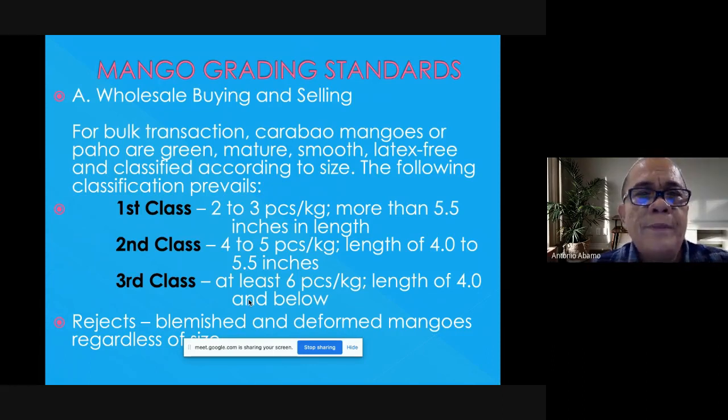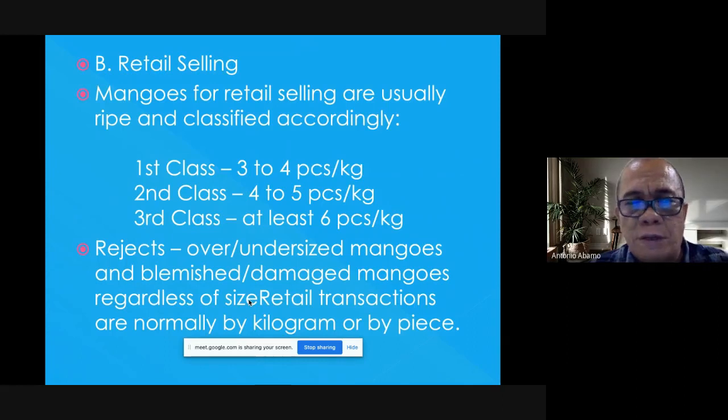No? Then retailing can also be done according to sizes, according to weight, and also according to quality. Then undersize or underweight will suffer rejection. And you know what? Especially for fruits and vegetables, when it is already undersized or underweight, what the retailers will do, they cut it, sell it as fresh cut.